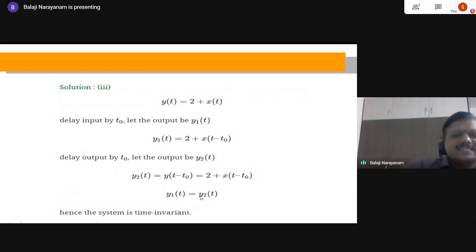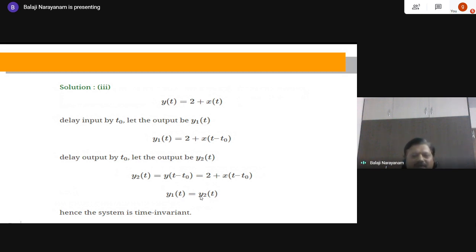Now let us take the third problem. y of t is equal to 2 plus x of t. y1 of t can be computed as 2 plus x of t minus t naught, and now y2 of t we may compute by delaying our output signal y of t.